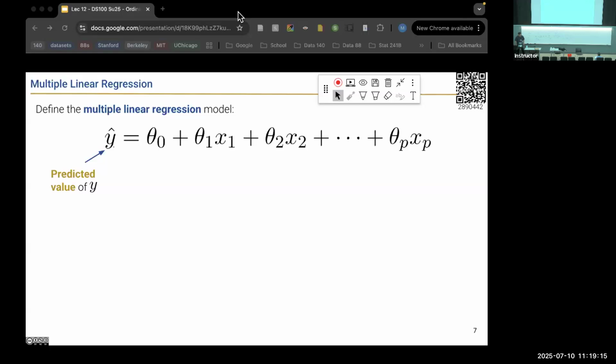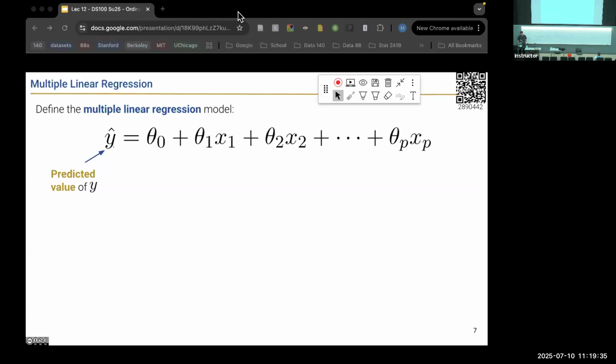This is from last lecture. We saw this model where your prediction is based on a bunch of features, not just one like in the SLR model. In this case it's based on p features, where p is some integer.